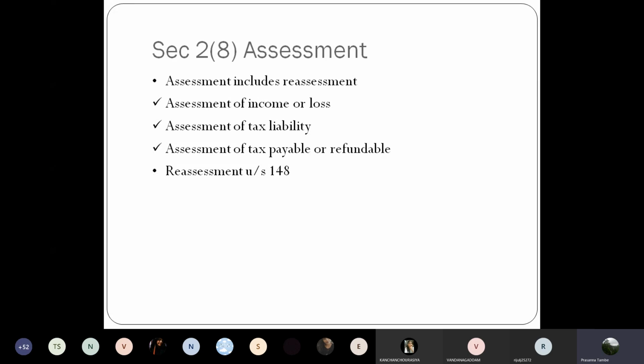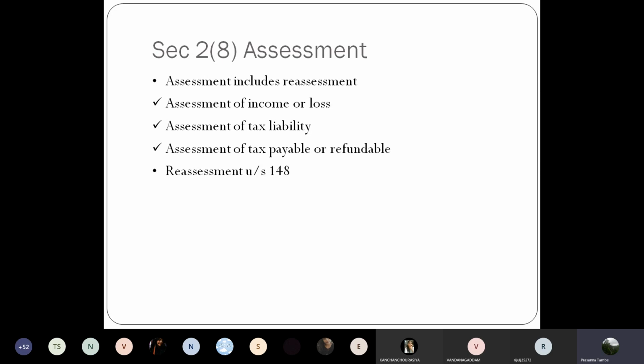Then it also includes assessment of tax liability. Once you assess or verify the income of a person, the next step is to compute his tax liability. So he must have offered some amount of tax as a liability. As a tax authority, you will have to assess whether he has computed his tax liability correctly or not. That is also a part of your assessment process.